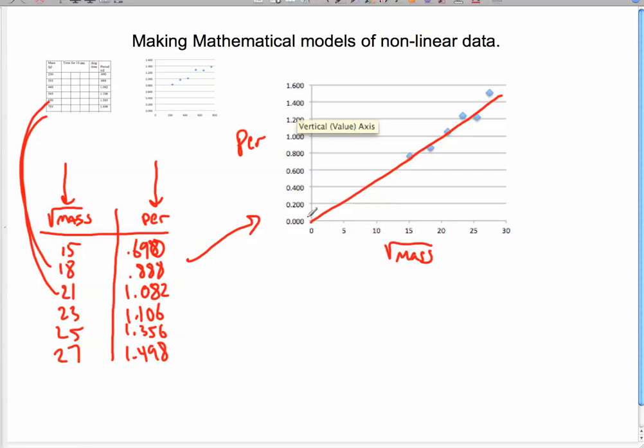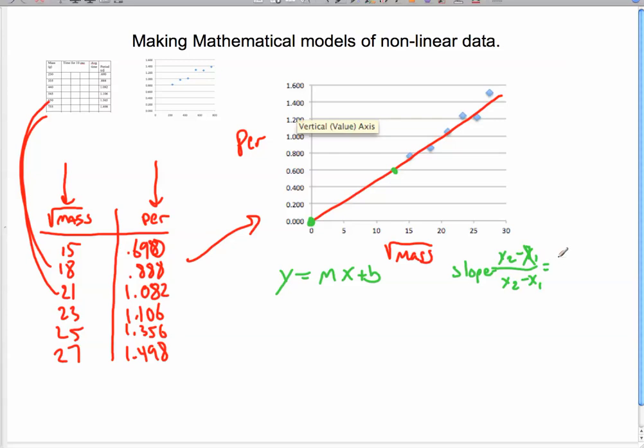Again, what we're going to do is pick two points on our line to find the slope. I want you to recall that the mathematical model will be made from the basic form y equals mx plus b. All right, so let's pick two points on our line, right there and there, and we're going to go ahead and find the slope. Slope will be y2 minus y1 over x2 minus x1, rise over run.